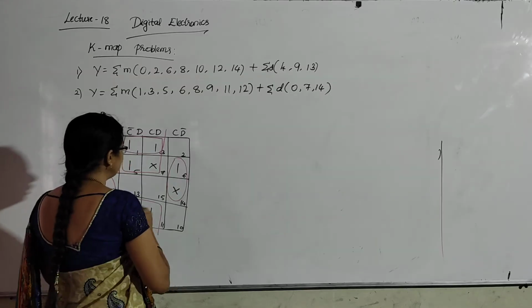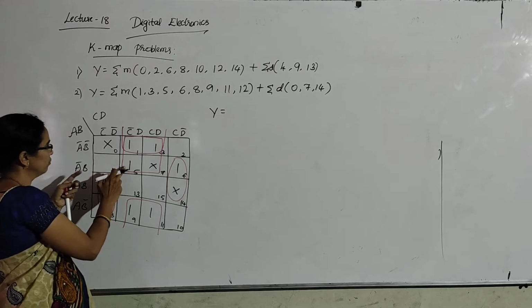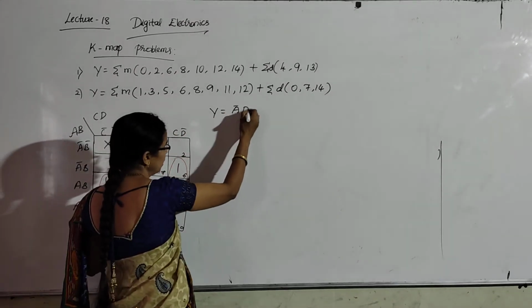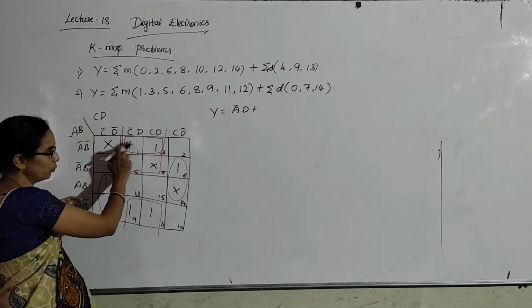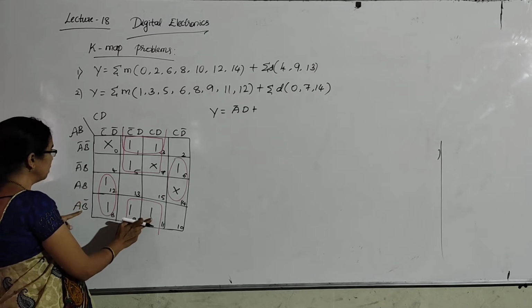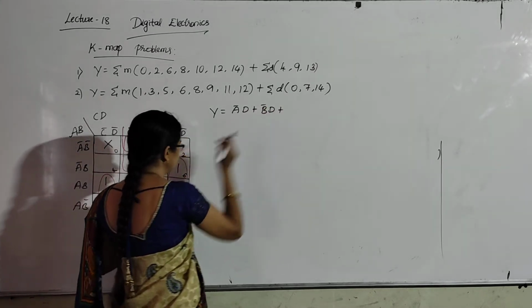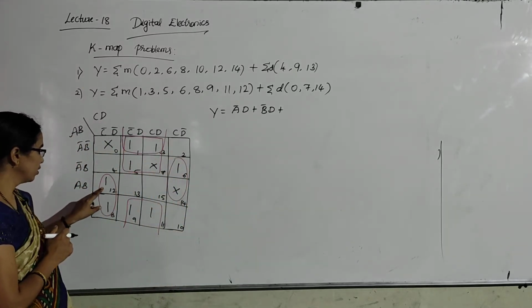So what will be my Boolean expression? Y is equal to, for this square, A bar is common and D is common, A bar D plus, for this square including these two ones and these two ones, B bar is common and D is common, B bar D plus, this is one of the pairs.